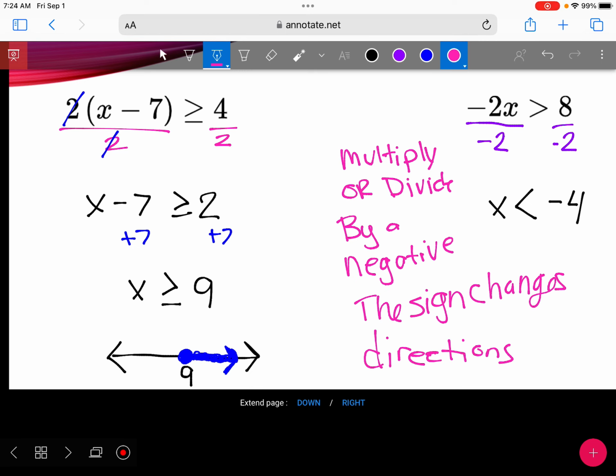You can word that however you want. It's never going to add or subtract an equals to opportunity, but it will just change which direction it's facing.